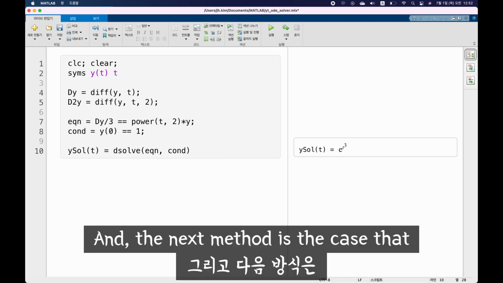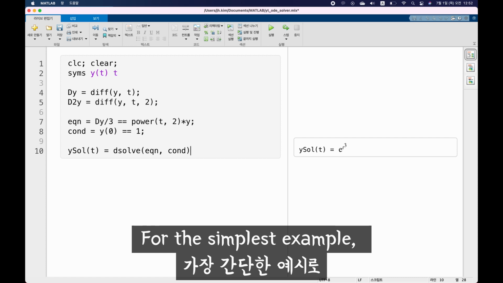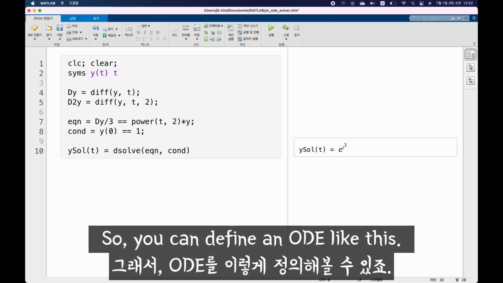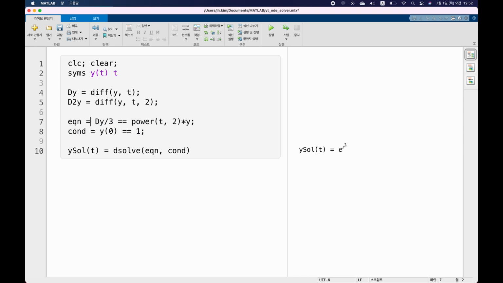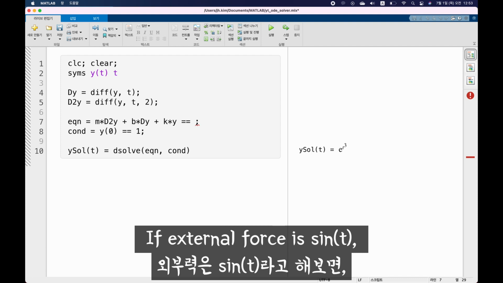And the next method is the case where there are two initial conditions. For the simplest example, we can think of the harmonic oscillator of a spring. So you can define an ODE like this. Okay, eqn is m times d2y plus b times dy plus k times y, where b is the damping coefficient and k is the spring constant, and it is equal to the external force, sine t.